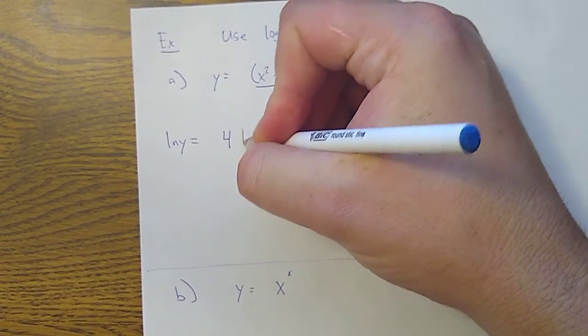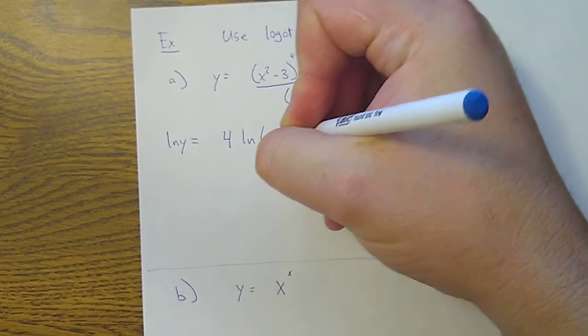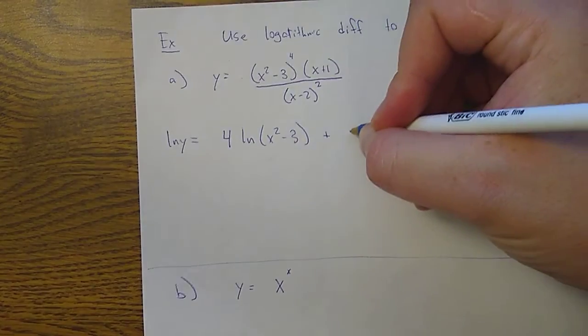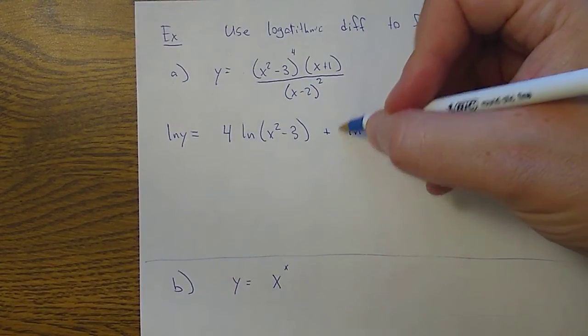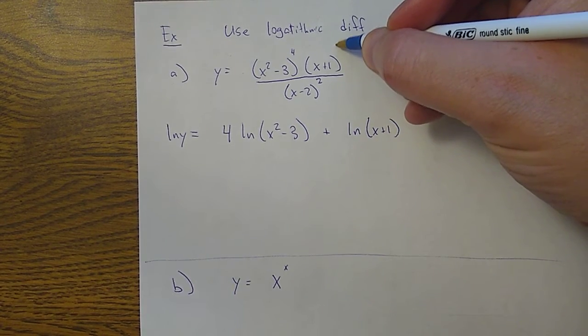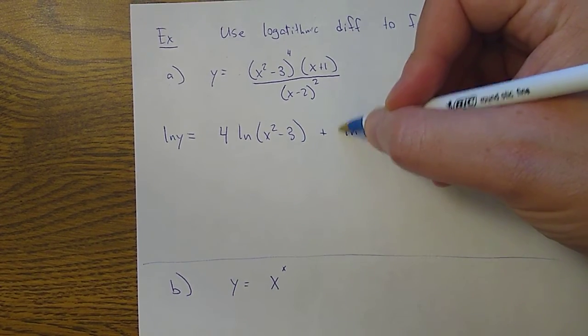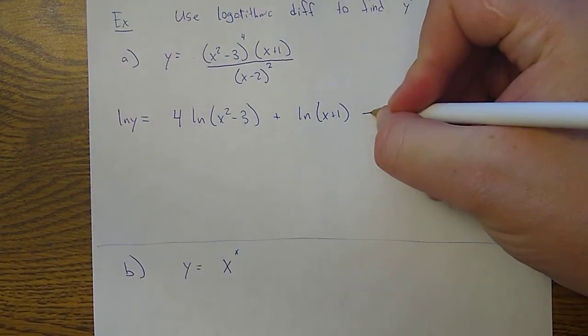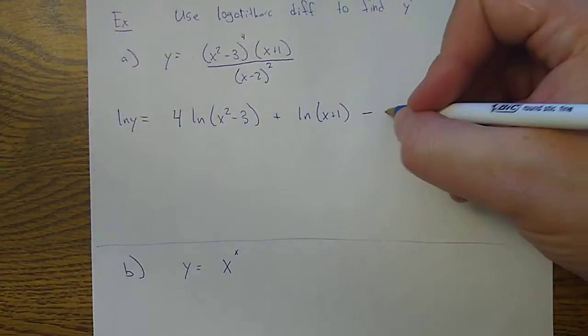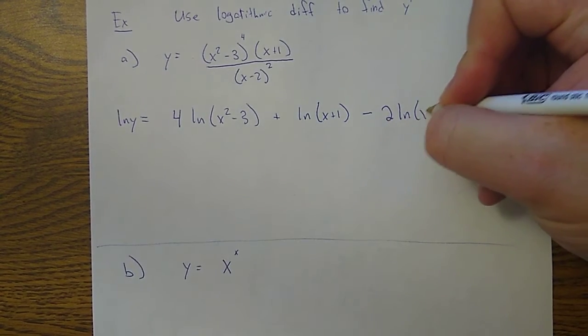So 4 natural log x squared minus 3, plus natural log x plus 1, and this doesn't have a number in the front because this is like the 1 power, so you can put a 1 here if you like, but that doesn't do anything. Minus, because now this is in the denominator, 2 natural log x minus 2.